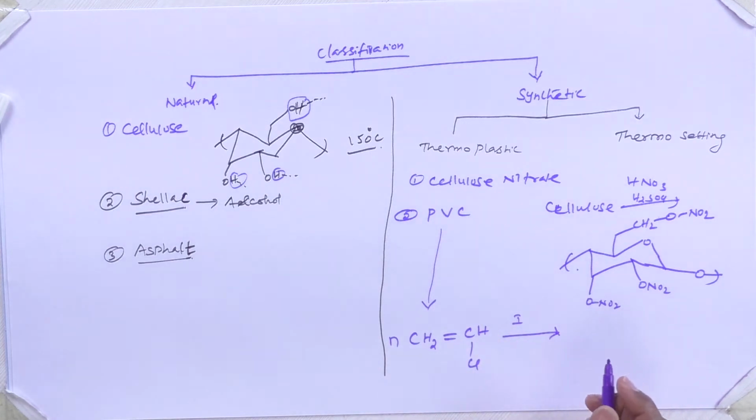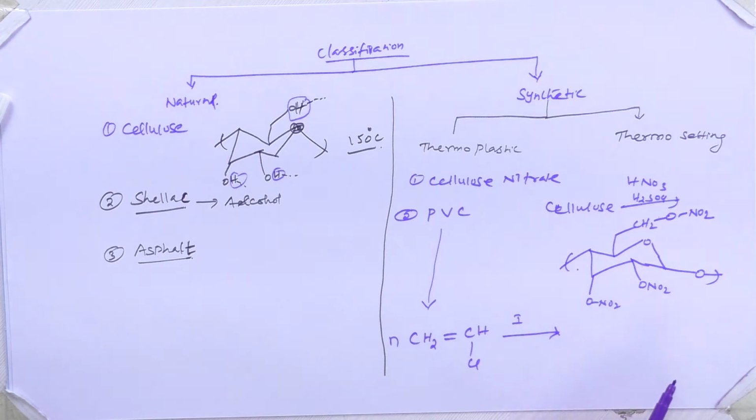When the first monomer is initiated by the initiator, it is called initiation. Once the initiation process has started, the first monomer will initiate the next monomers, and this will keep on happening inside the solution, and that process is called the propagation process. Once the propagation is completed, we need to terminate the reaction, and the termination can be done by two processes.